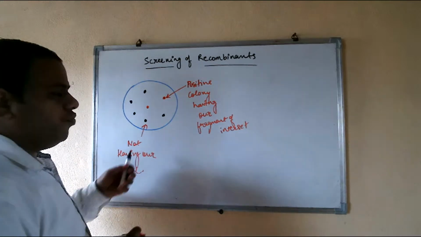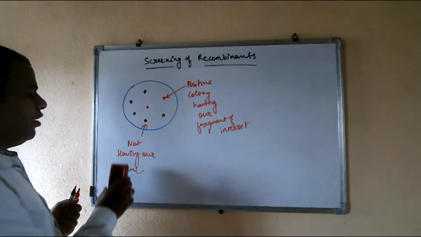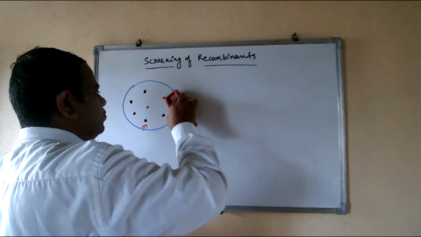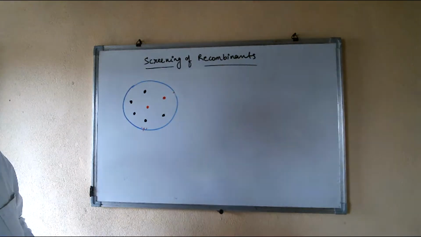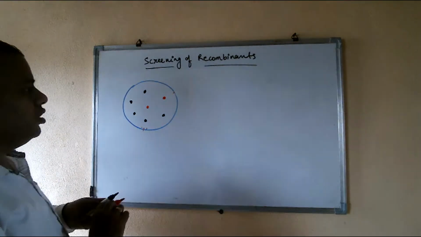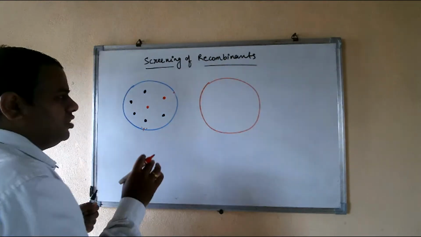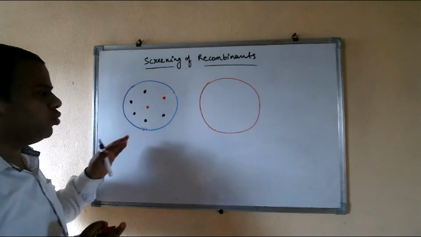So we have to select that particular colony. We are going to use a nitrocellulose membrane here. How it is done, let me show you. You cut a nitrocellulose membrane the same size as the plate, and you place this nitrocellulose membrane onto this plate.